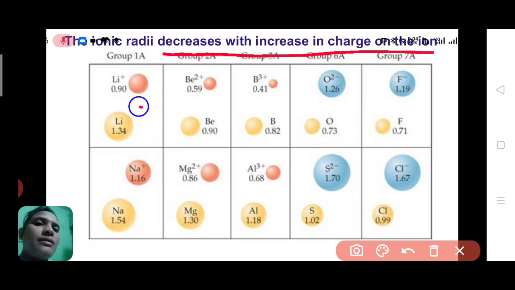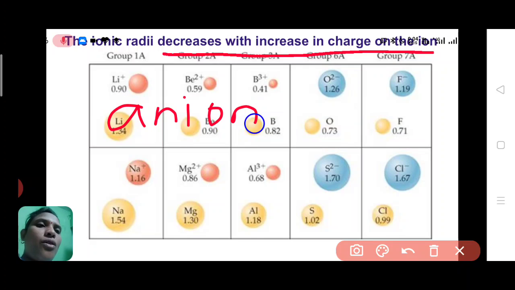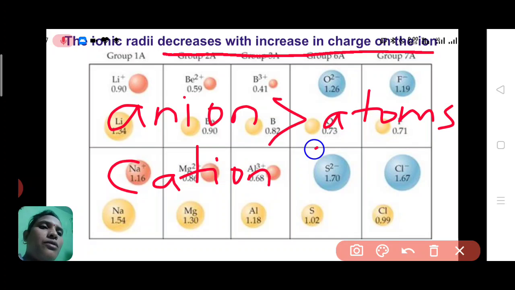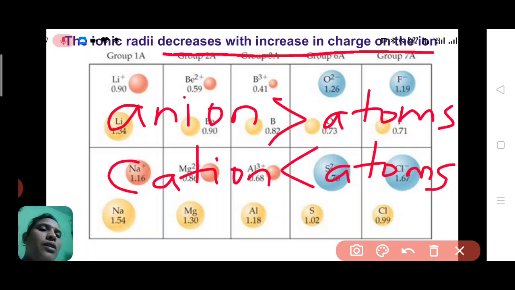So anions always have a larger size than neutral atoms and cations have a smaller size than their atoms, because in a cation there is an increase in positive charge and in an anion there is a decrease in negative charge. Negative charge means decrease, positive charge means increase.